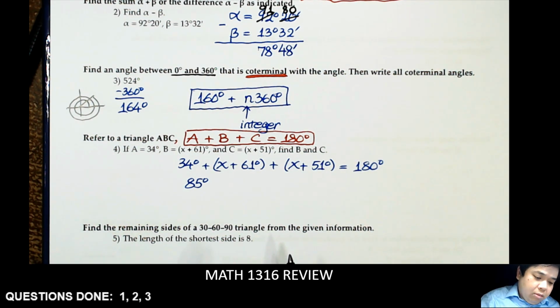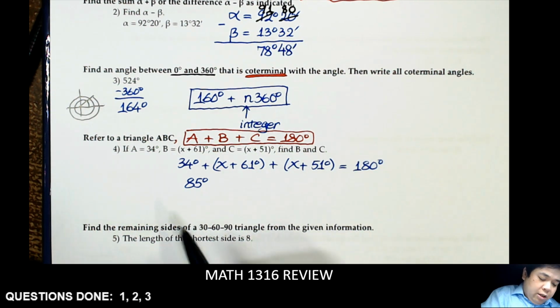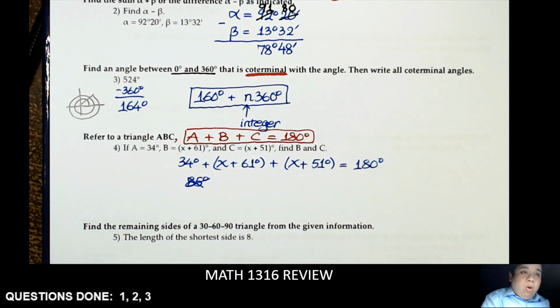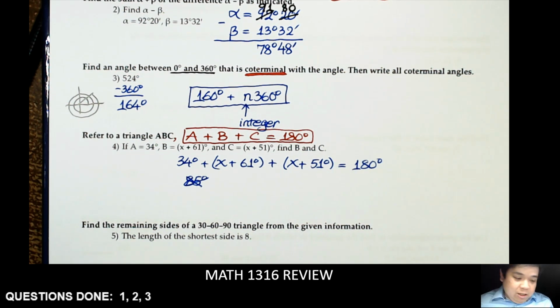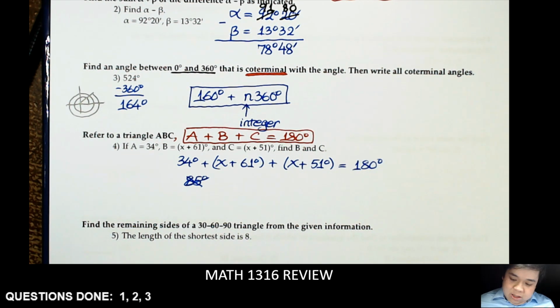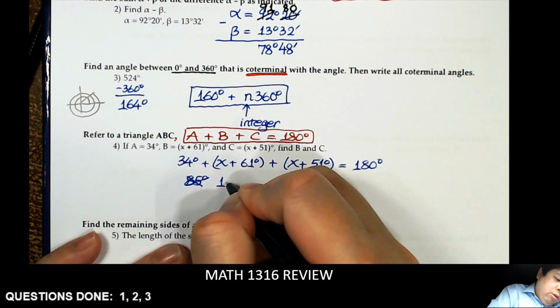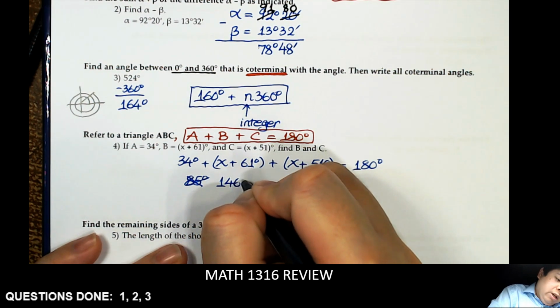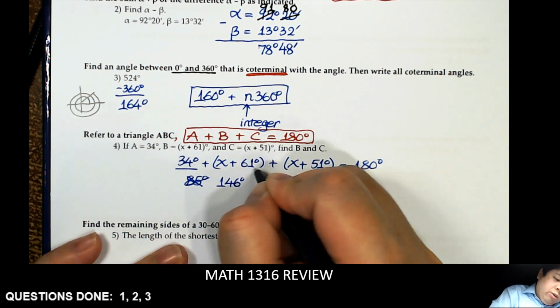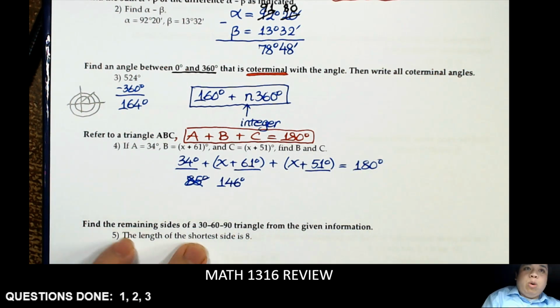We combine like terms. Using the calculator, 34 plus 61 plus 51 is 146 degrees.